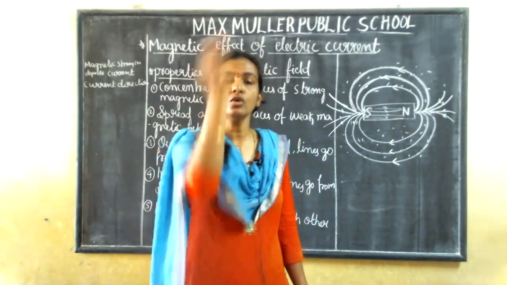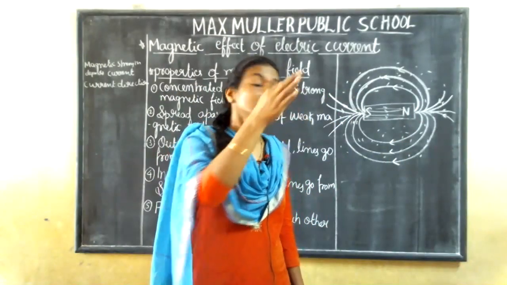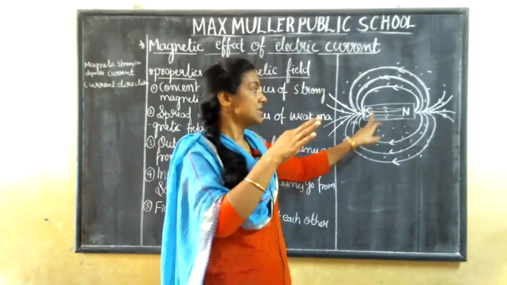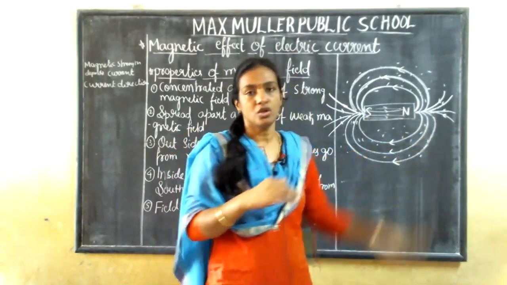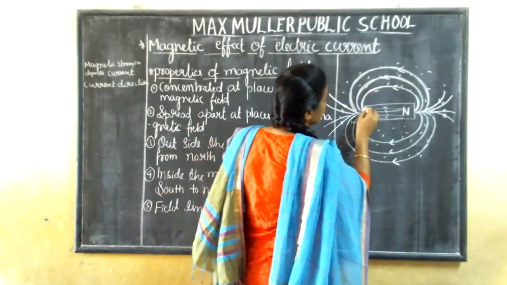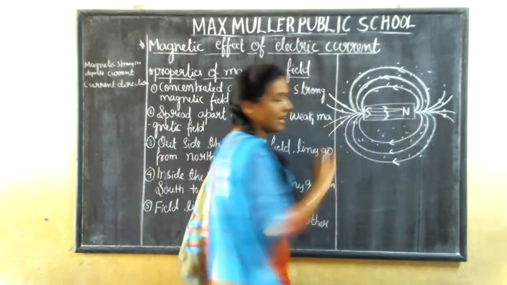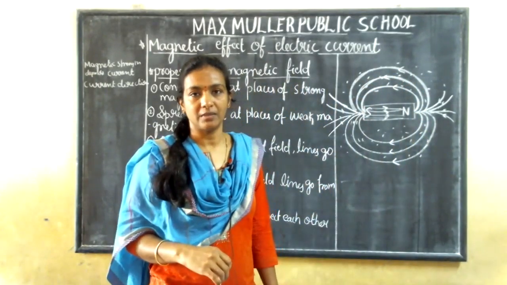Outside, north to south; inside, south to north. Once they are emerging and merging here, they have to go like this, no? This is the second property.